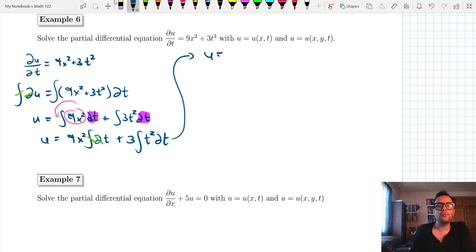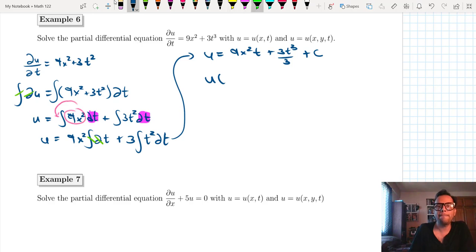So u equals some 9x squared t plus 3t cubed over 3 plus some constant of integration. Now we introduce the variables we are involving here.